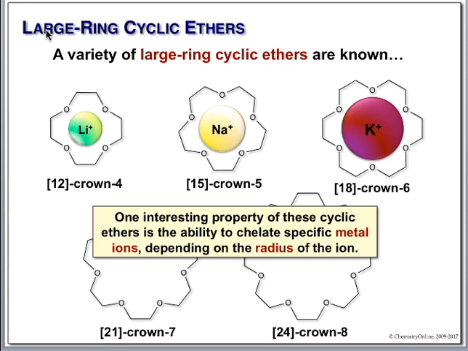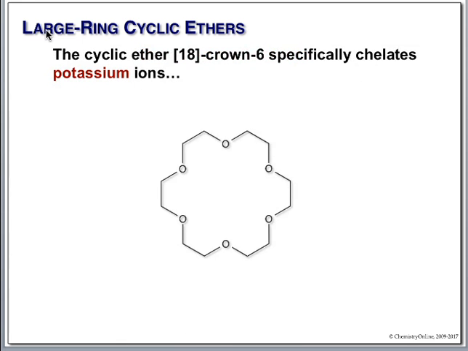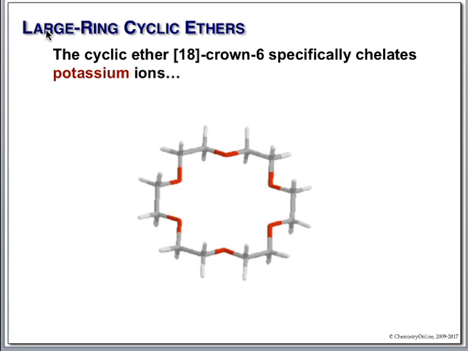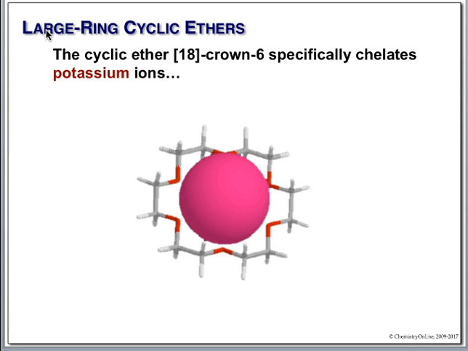Let's look at 18 crown 6, that's our classic. 18 crown 6, we have 6 oxygens around. These are Lewis bases. And this is what it looks like. Again, here's all of our oxygens. We can stick a potassium exactly in the middle of this hole.